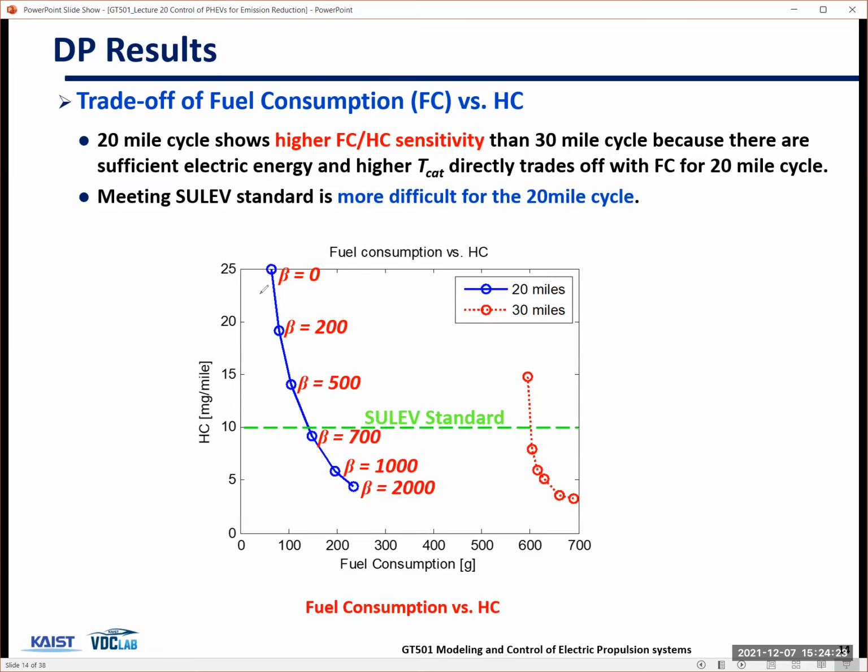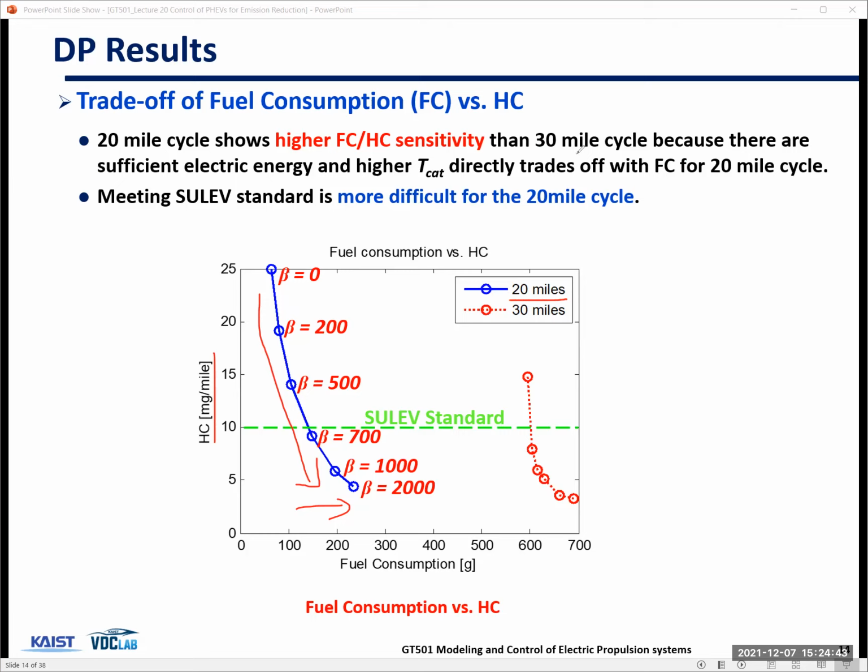As you increase beta, hydrocarbon substantially decreased, but fuel consumption is increased, right? But this is in the case of 20-mile distance.